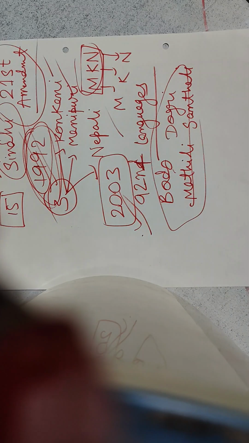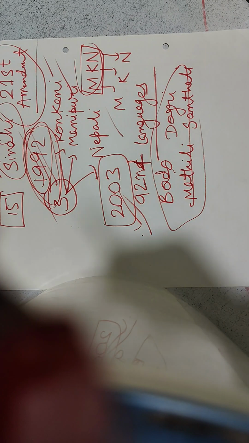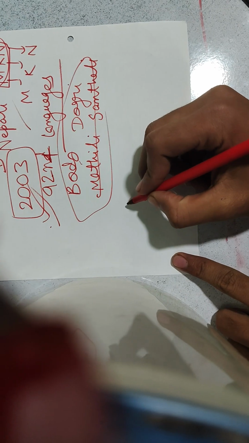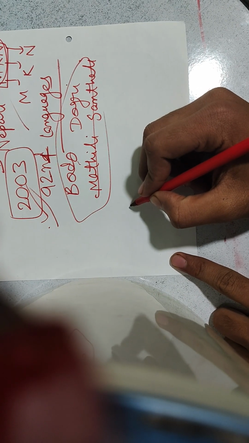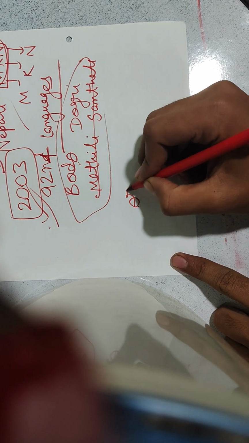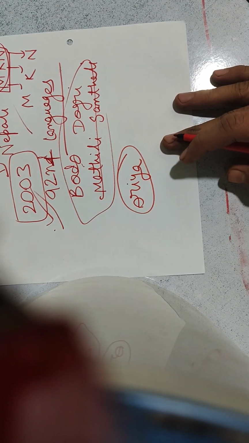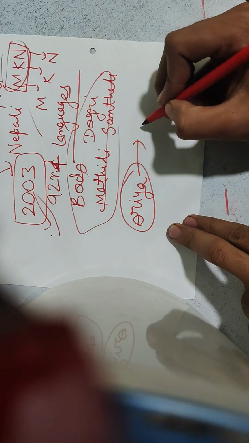One more amendment occurred, but this time a language was not added. A name was changed. Which language's name was changed? Earlier, we used to say Oriya. It is the language of Odisha. It changed to Odia.